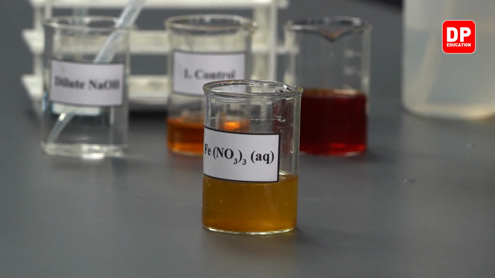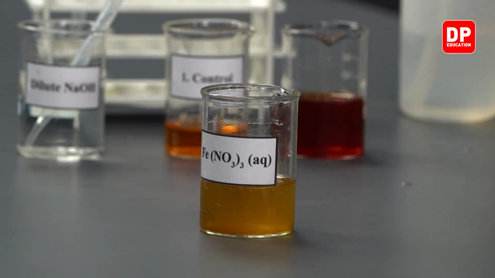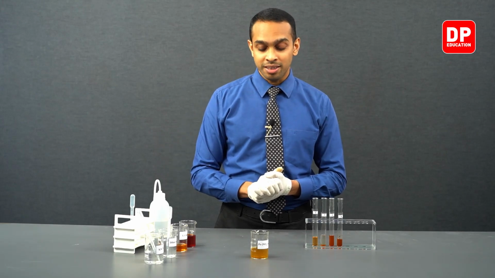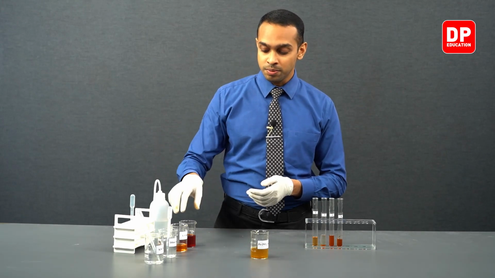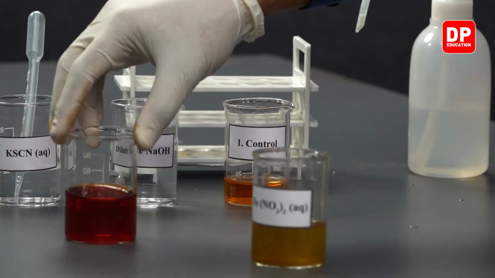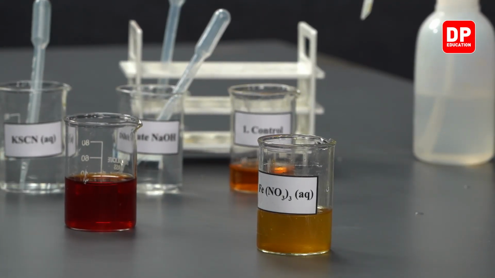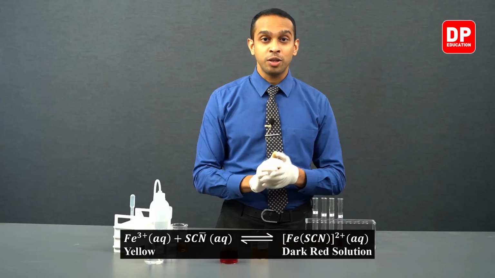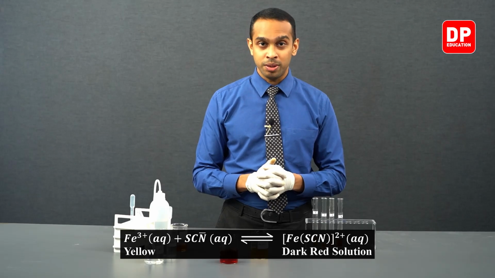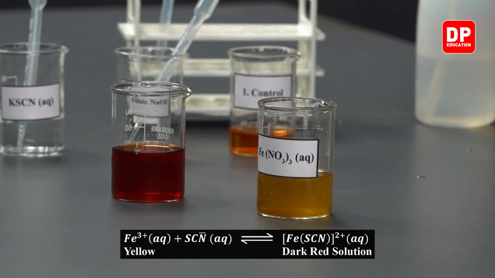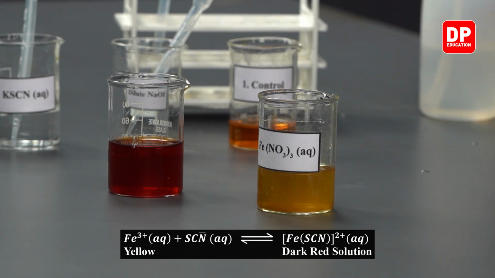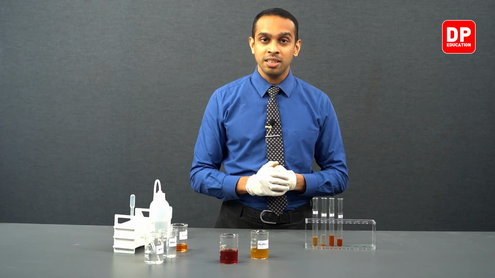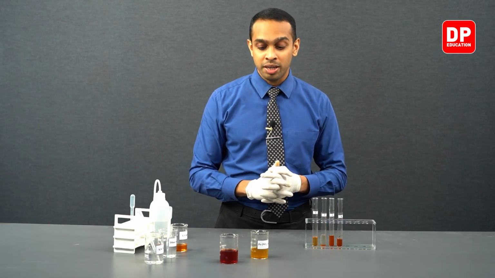And when you added potassium thiocyanate to it, we turned this yellow brown solution into a blood red color. So these are the two colors that you observe at the two extremes of this equilibrium. Before adding potassium thiocyanate, the solution looks more yellowish, and after potassium thiocyanate has been added, the solution appears more blood red in color.